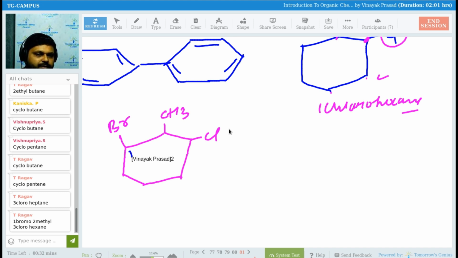Bromo is 1, as this is methyl 1, so 2, this is chlorine, that is 3, but we also have to take care of the alphabetical order.